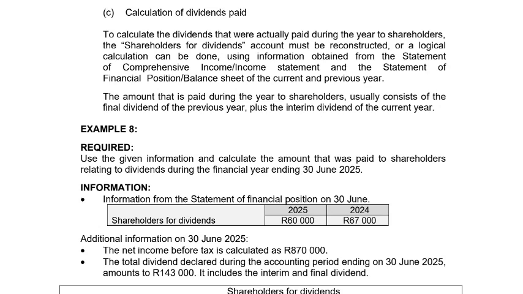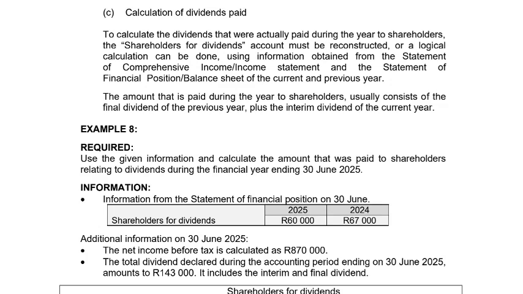Example 8. Required. Use the given information and calculate the amount that was paid to shareholders relating to dividends during the financial year ending 30 June 2025. Information from the Statement of Financial Position on 30 June. Shareholders for dividends in 2024, 67,000 Rand, 2025, 60,000 Rand.